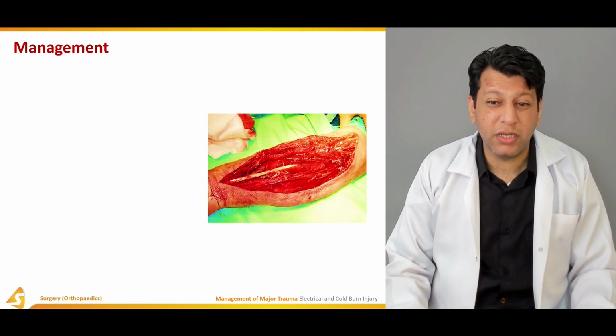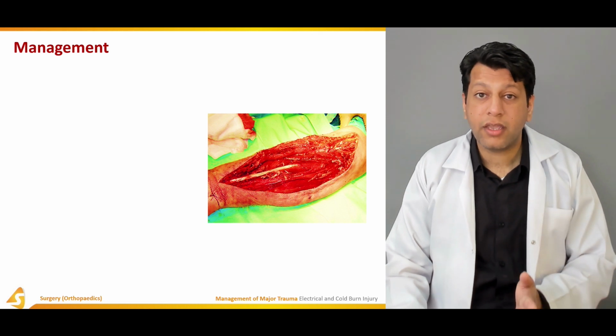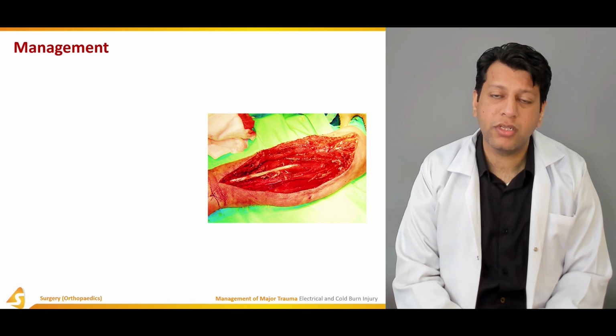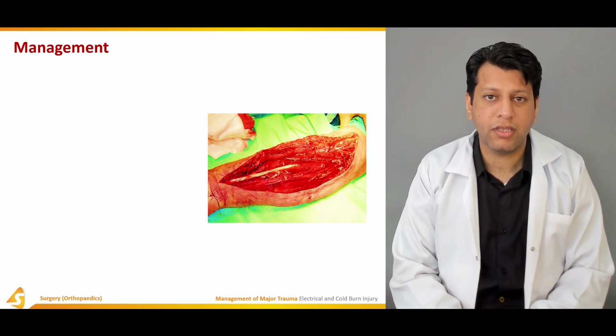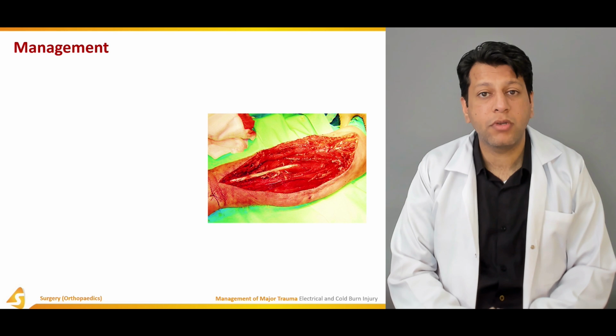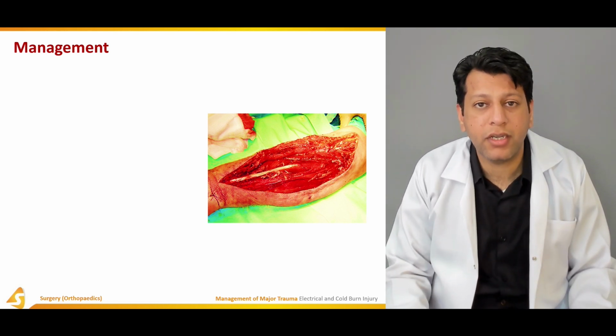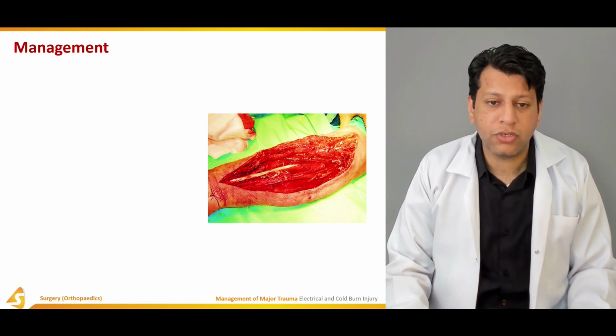Now coming to the management. Management of any trauma starts with airway control, that is airway and then cervical spine, then comes breathing, then circulation, then disability, and lastly the environment and temperature control.